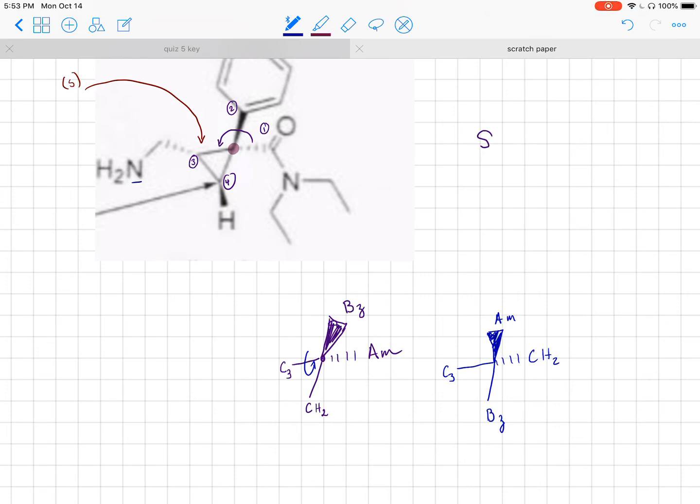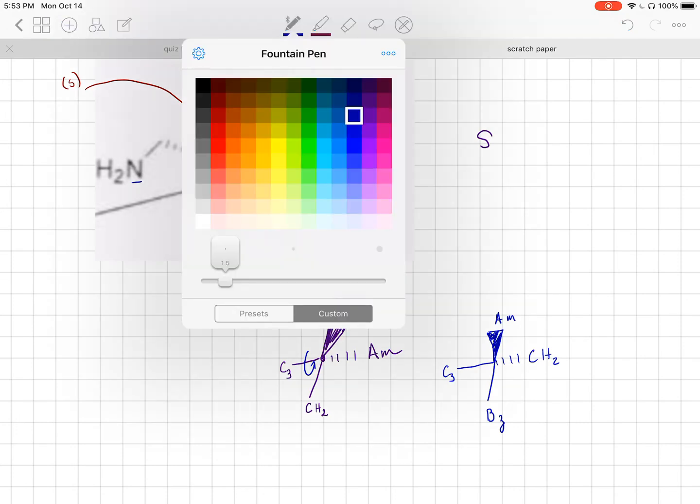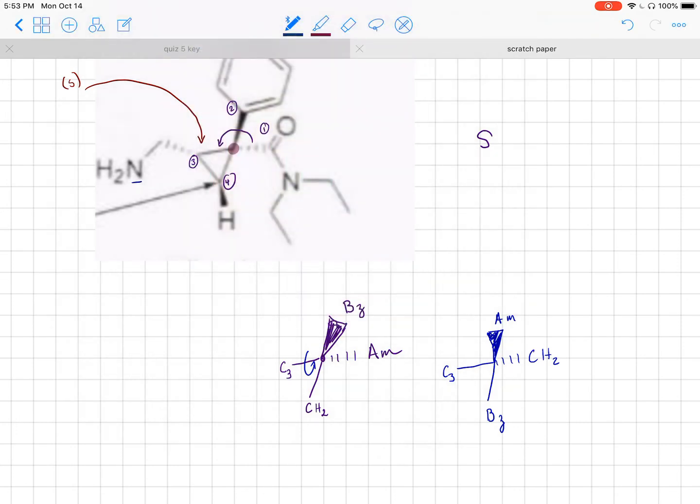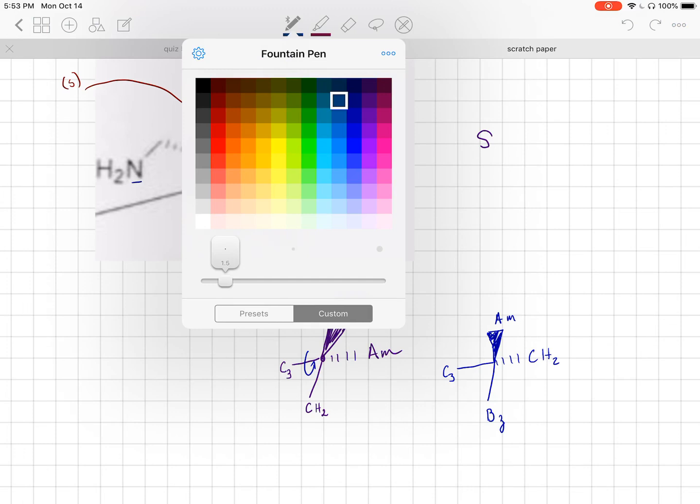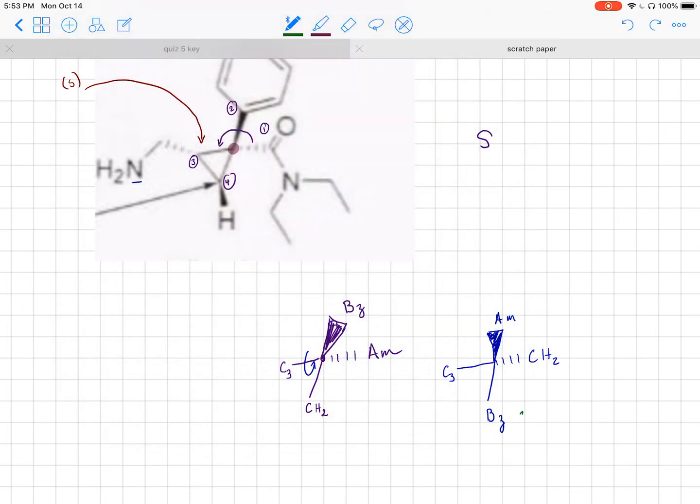And then we can see from our numbering over there that the benzene was number 2. Oh, let's see, that's not very distinct. The benzene was number 2. The amide was number 1.